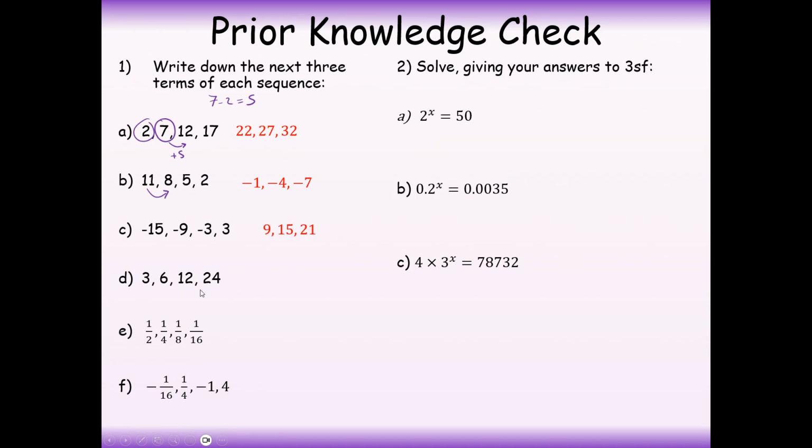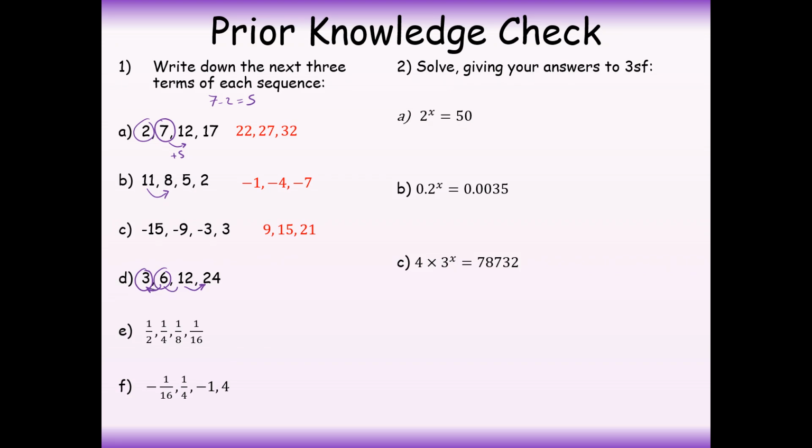The next sequence is not an arithmetic sequence. If you find the common difference, there is no common difference. It's adding 3, then adding 6, and so on. So how to find the ratio or common ratio? You take one term and you divide it by the previous term. 6 divided by 3 gives you 2.